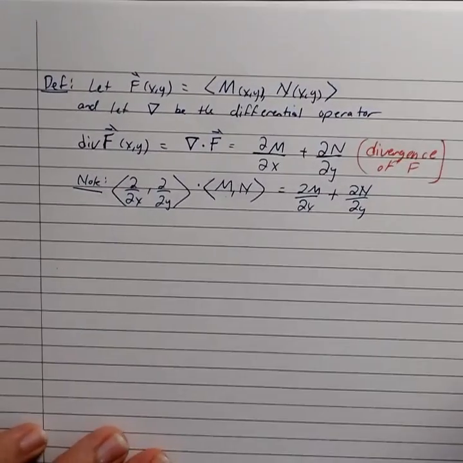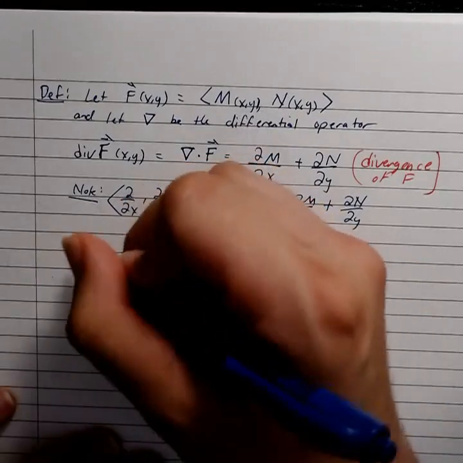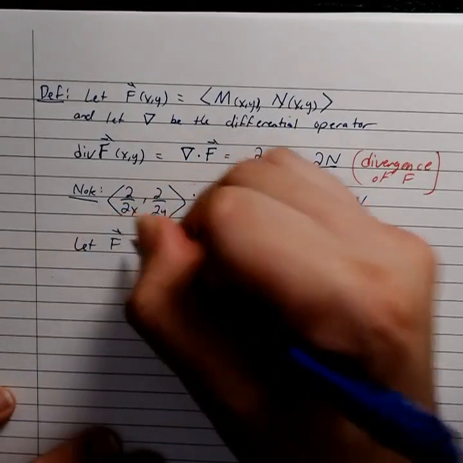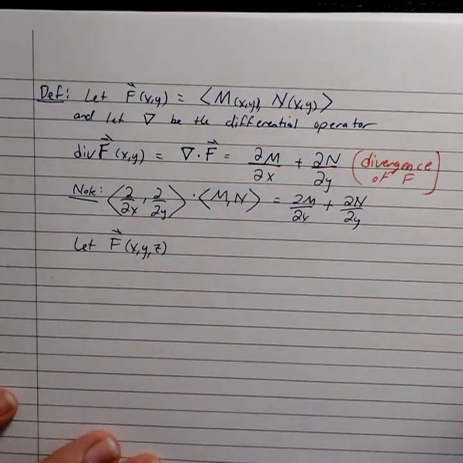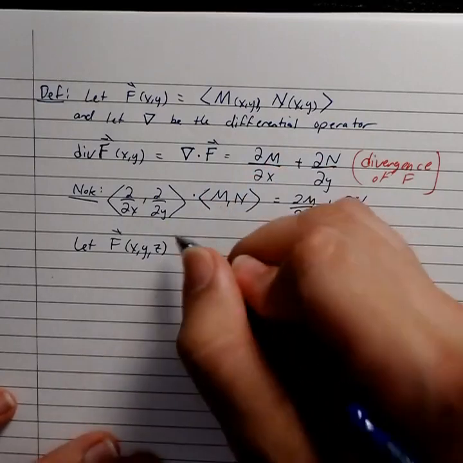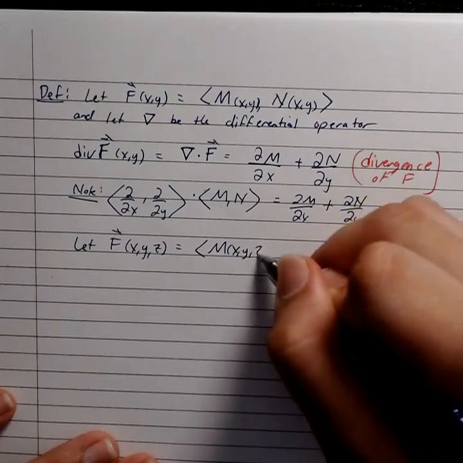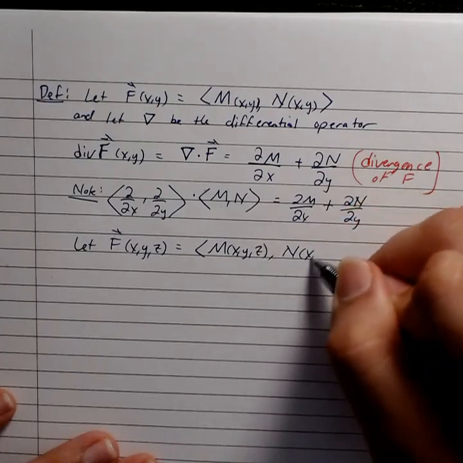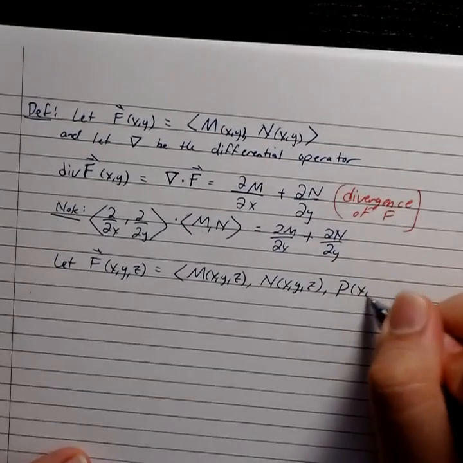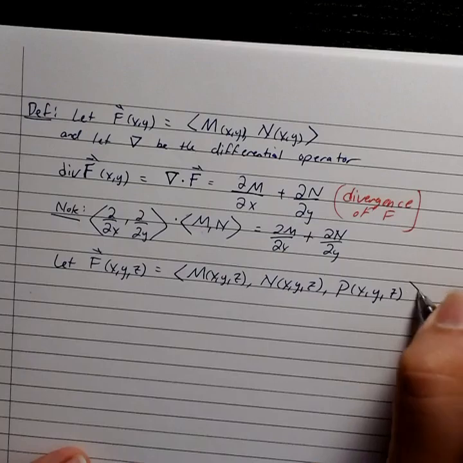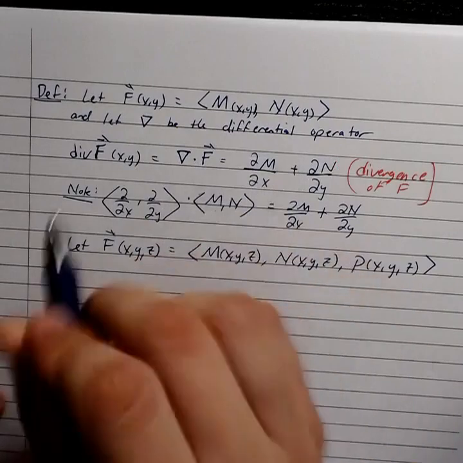We can define the divergence for something of a bigger space here. Let f be given as a vector field of 3 variables, something in solid space. And let's let that be given by m of x comma y comma z, comma n of x comma y comma z, comma p of x comma y comma z. And again, let the del be the differential operator.